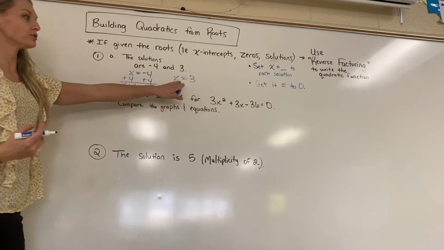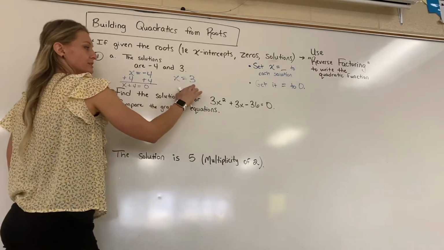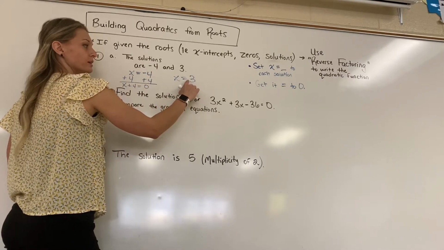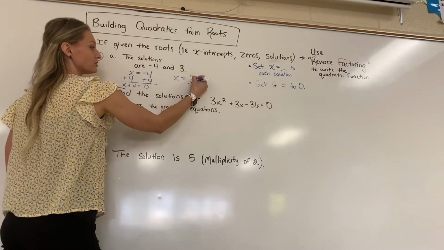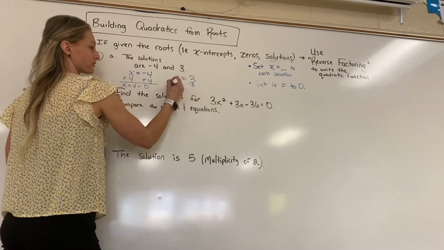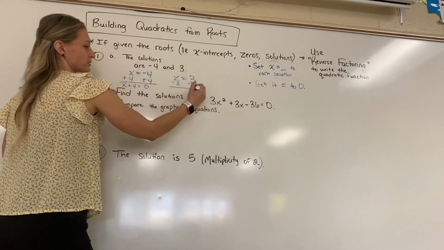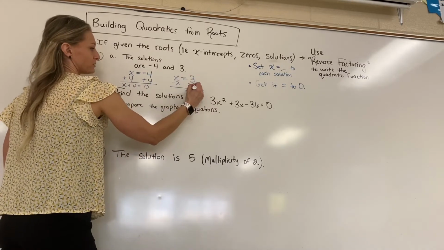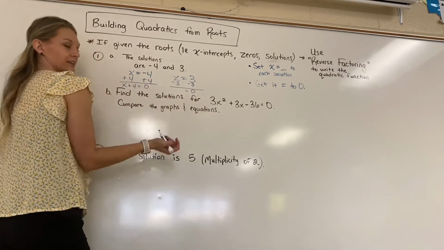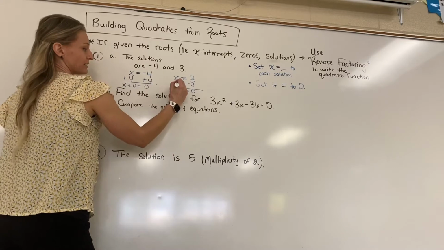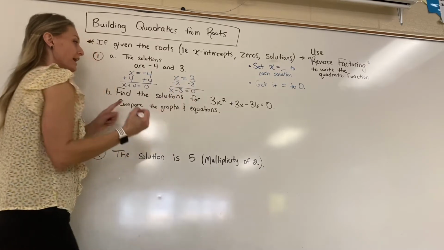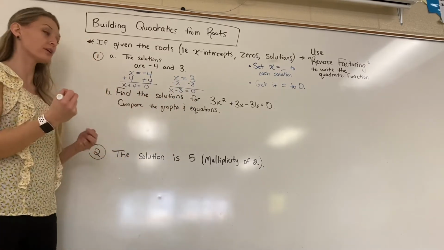Okay, so now you do the same thing here. So to get this equal to 0, I have to move that 3. Well, it's a +3, so to move it, I have to subtract 3. And so 3 minus 3 is 0. And my equals comes down, and then that won't combine, so you just write it out. So that is my other factor.